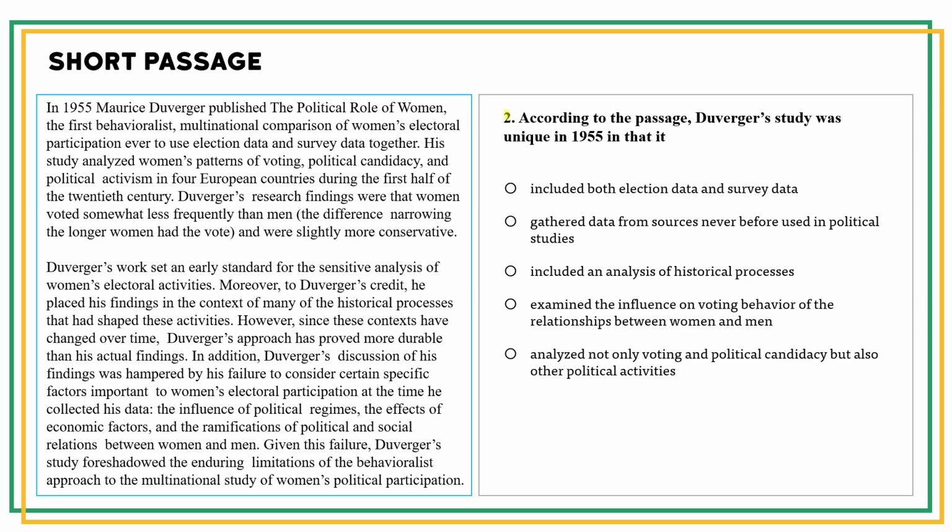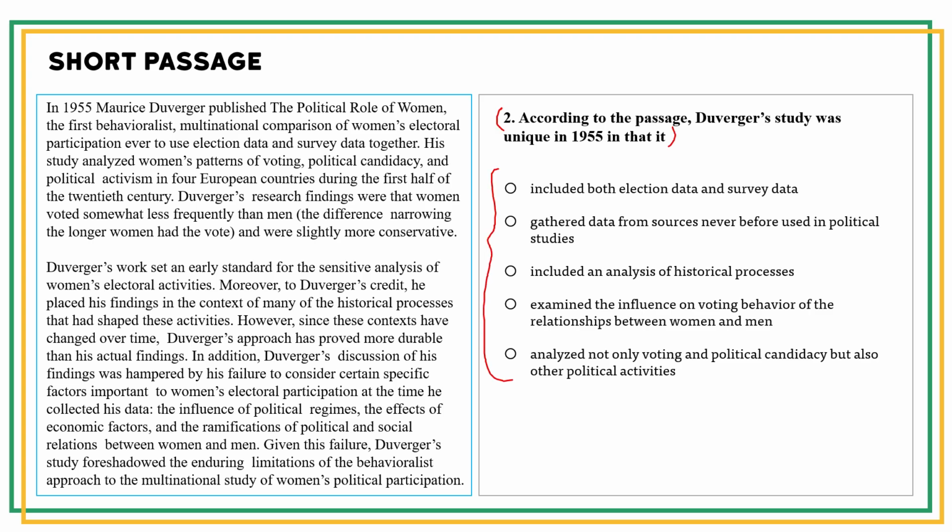All right, so the question is asking you, or the action item would be to pick an option which answers why Duverger's study in 1955 was unique. So, according to the passage, Duverger's study was unique in 1955 in that. Okay, so the first thing that I recommend for the normal short passages, for passages other than paragraph argument type passages, is to read the question and completely ignore the options.